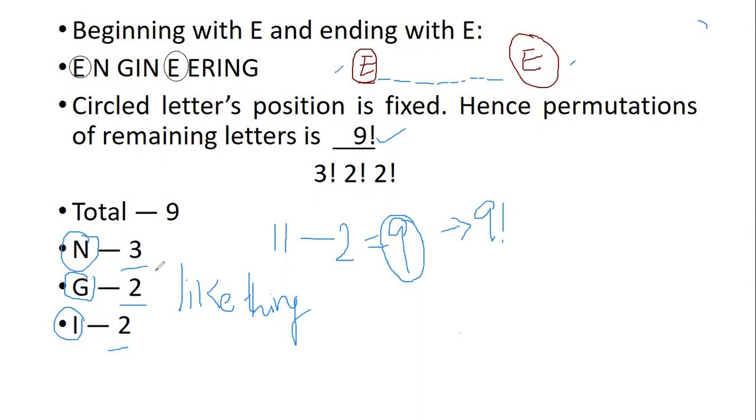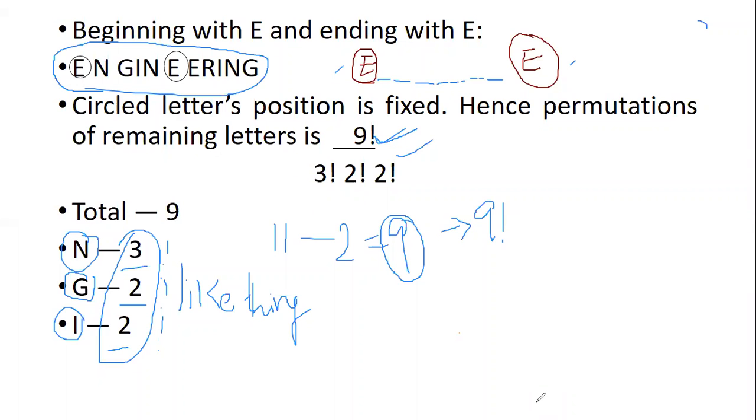These 3, 2, 2, we are supposed to take the factorial of each of them, and divide 9 factorial by them. How do we get to know that we have to use this formula? It is very clear from the question. If you have repetitive things like this, then you will have to use this formula. So that was the first sub question.